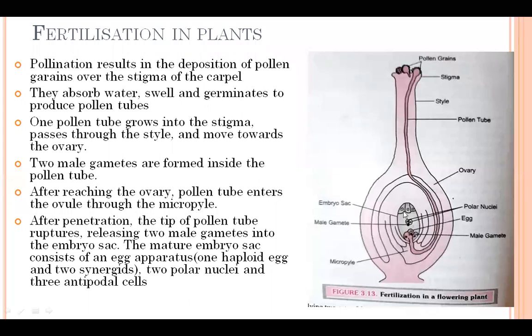That's why the embryo is capable of staying inside the seed for a longer time, because it has a source of food. So endosperm is a source of food for the embryo inside the seed.